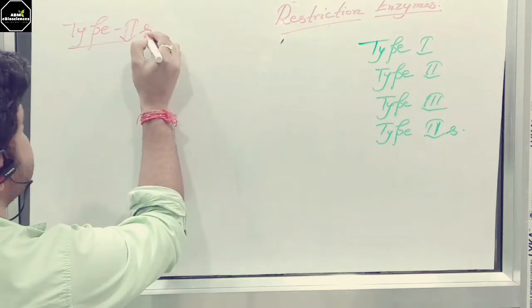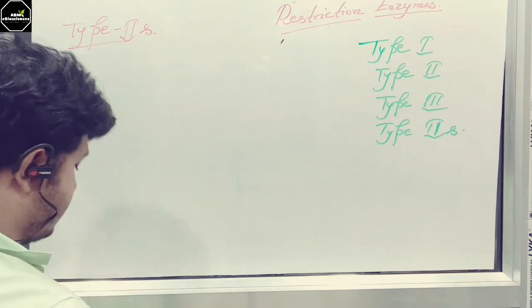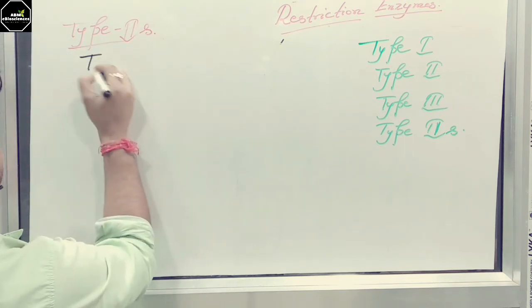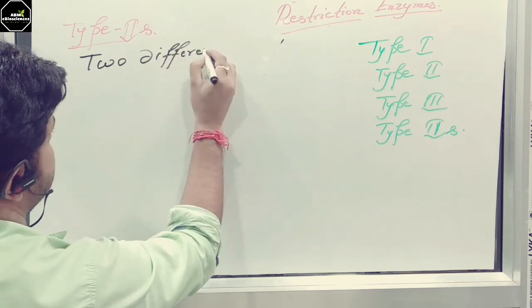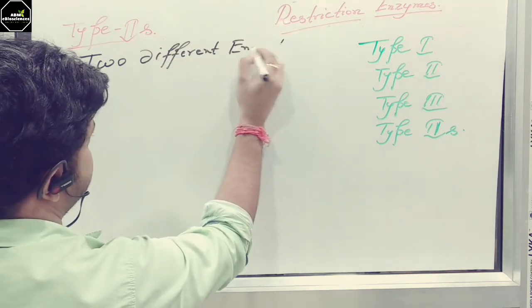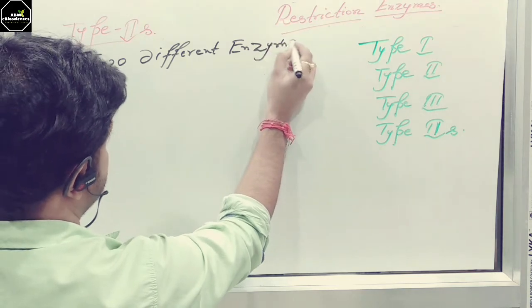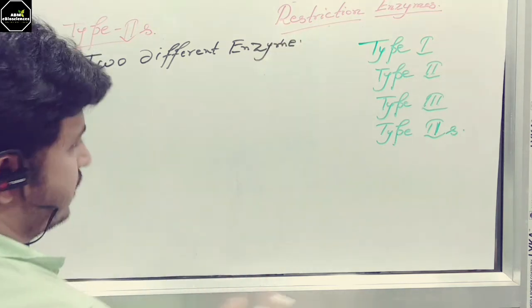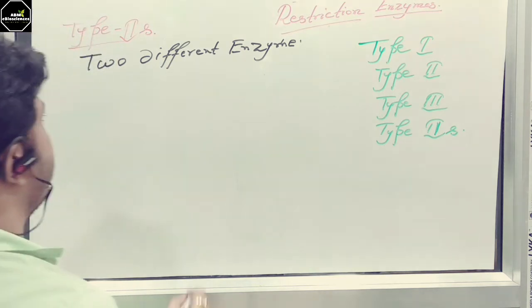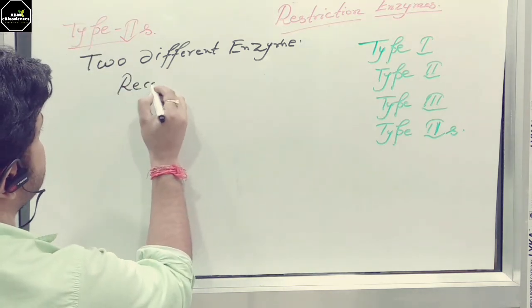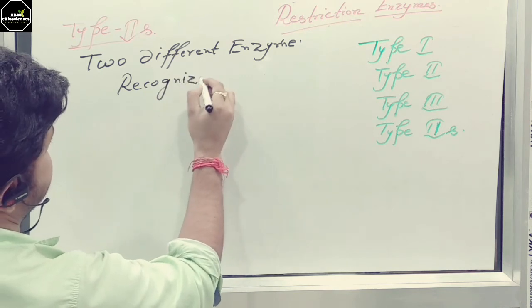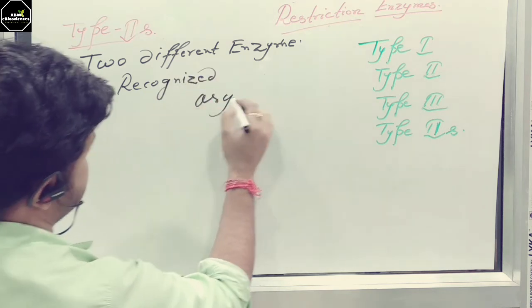So type 2S has two different enzymes, same as type 2, for restriction and modification purposes, and it recognizes an asymmetric sequence.